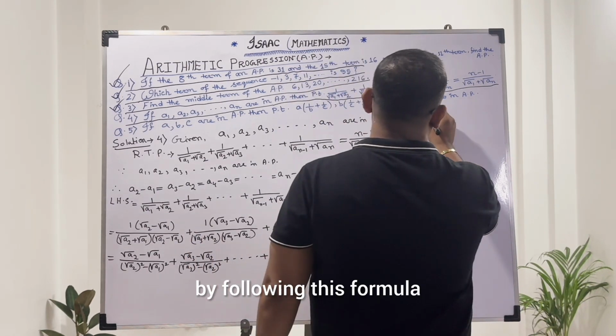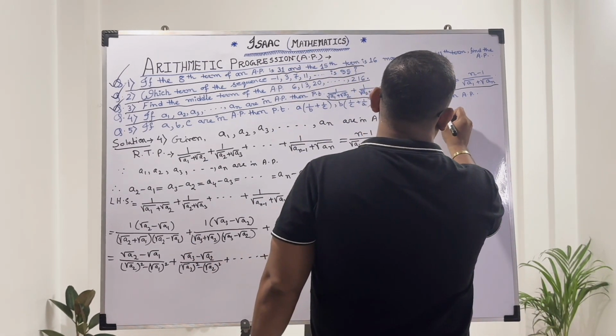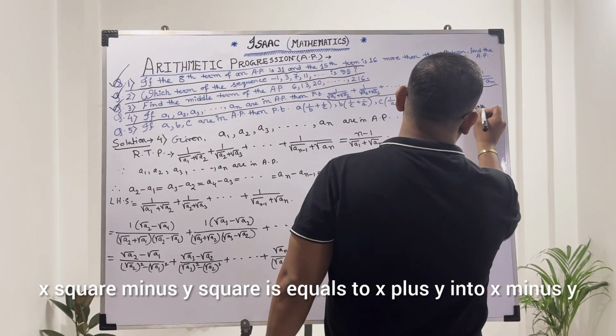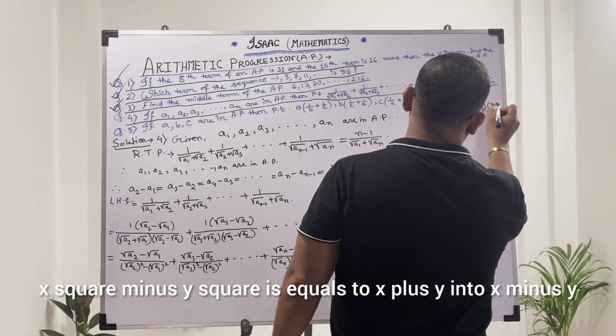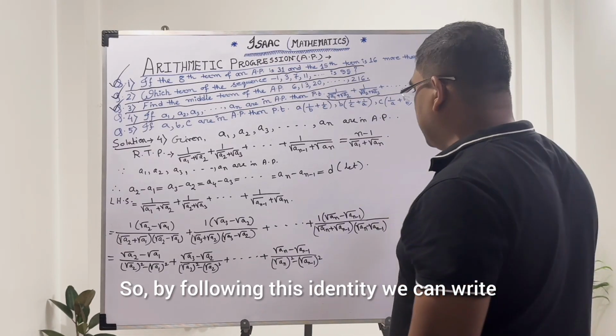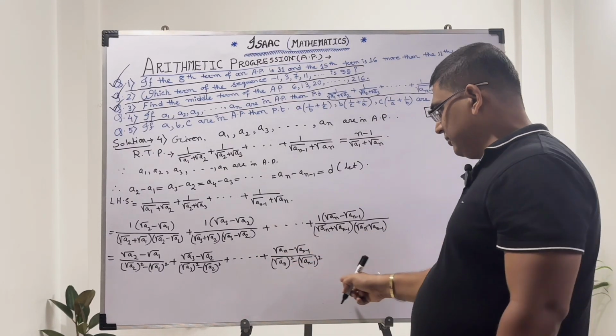By following this formula, x square minus y square is equal to x plus y into x minus y. So by following this identity, we can write the denominators as.